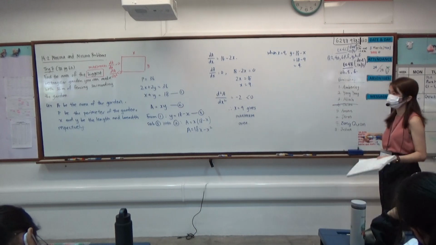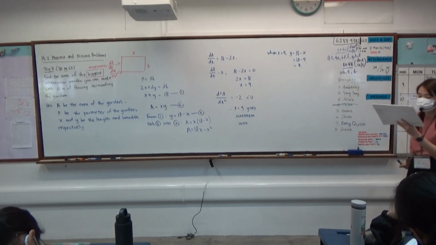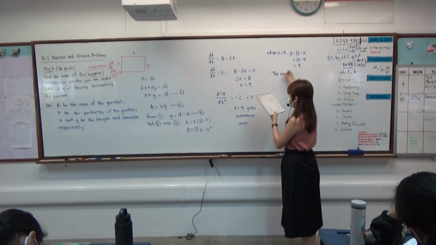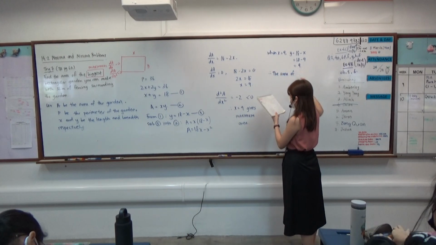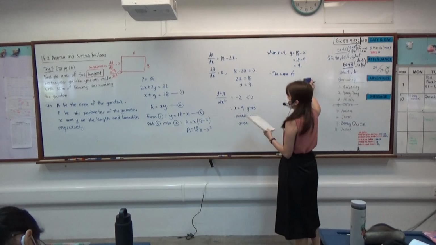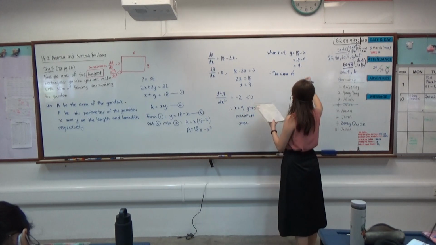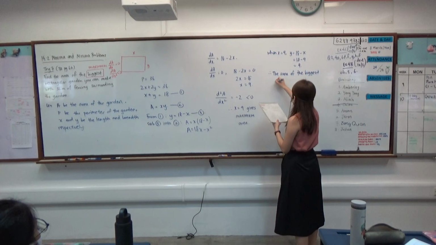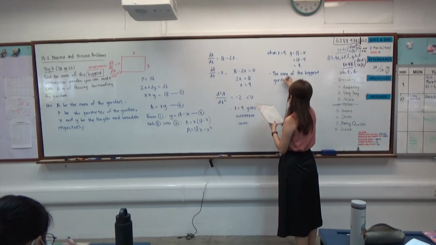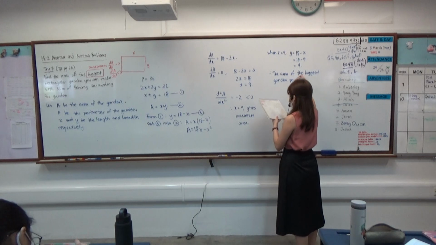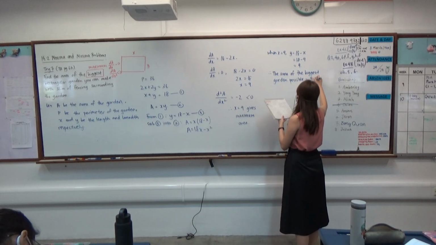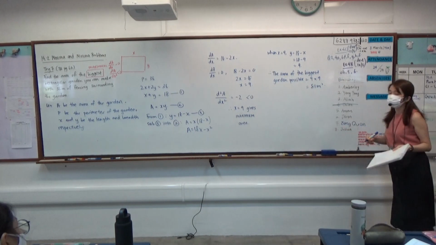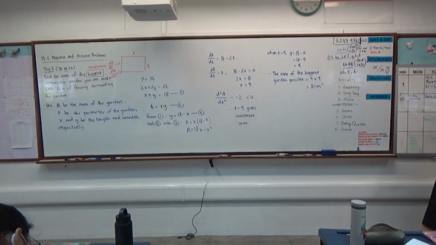Therefore, the area of the biggest garden possible will be 81 meters squared.